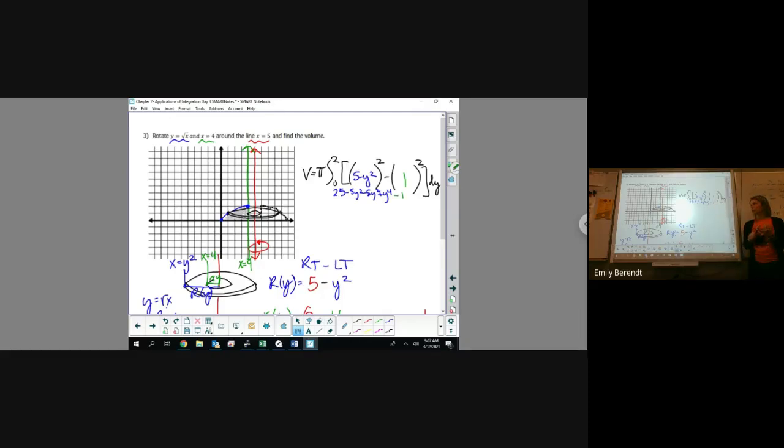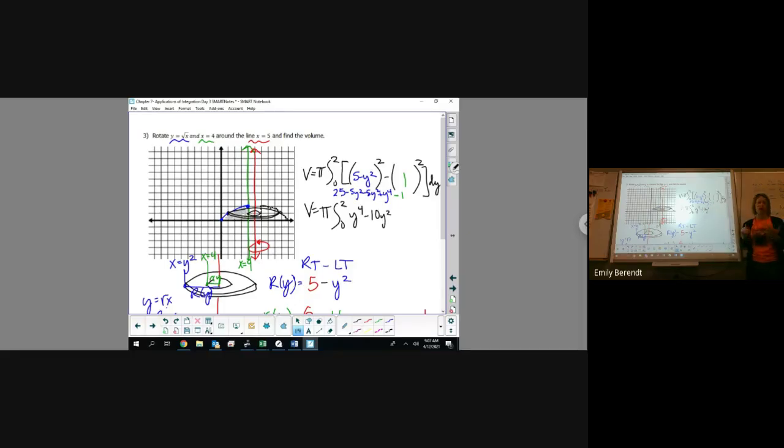So it FOILs to get 25 minus 10y squared, and then you collect your like terms with the 25 and the minus 1 to get 24. So volume equals pi, bounded from 0 to 2. Do you want to put the y's first? Yeah. All right, so we'll have y to the 4th. The negative 5y squared and the negative 5y squared makes negative 10y squared.